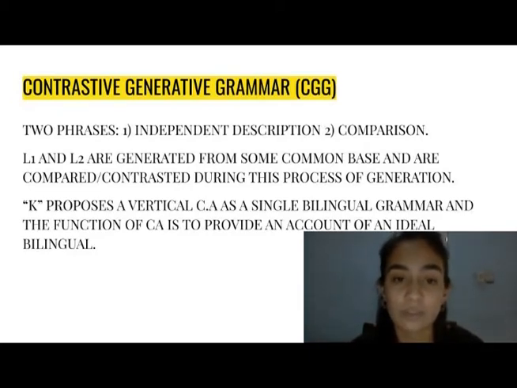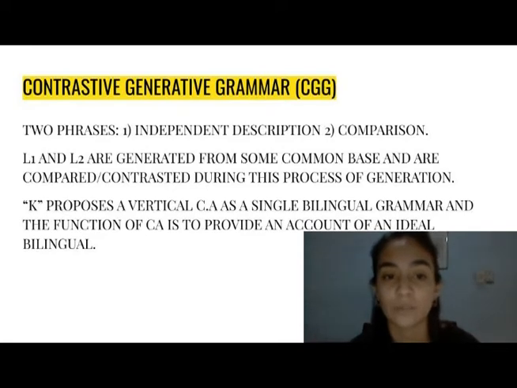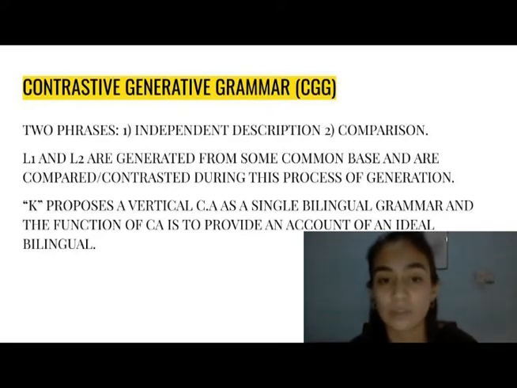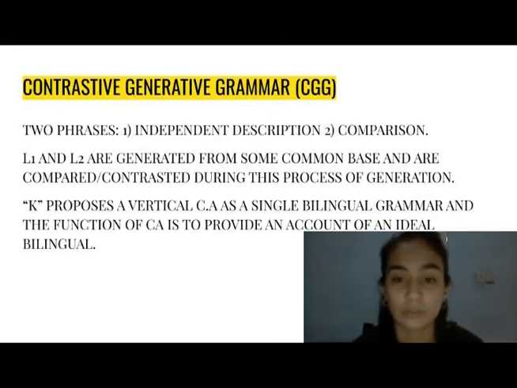The first is an independent description and the second is a comparison. However, this two-phase approach is not totally satisfactory because the descriptive phase seems to be a mere preliminary to CA rather than an integral part of it, and the comparative phase seems to be determined by input.